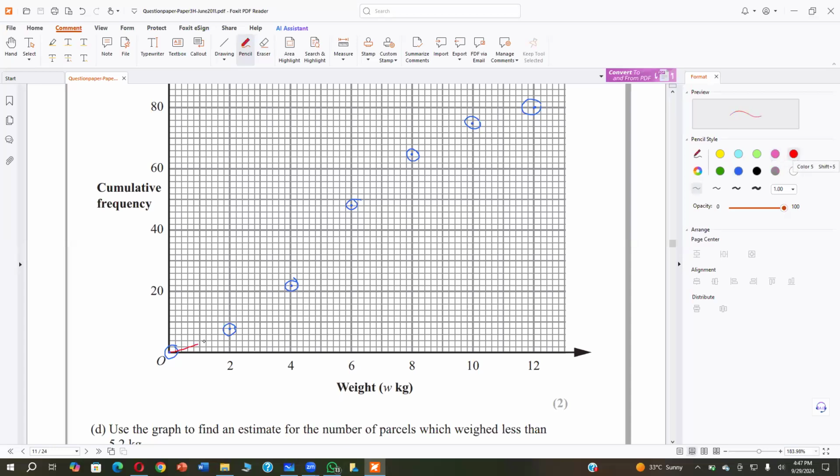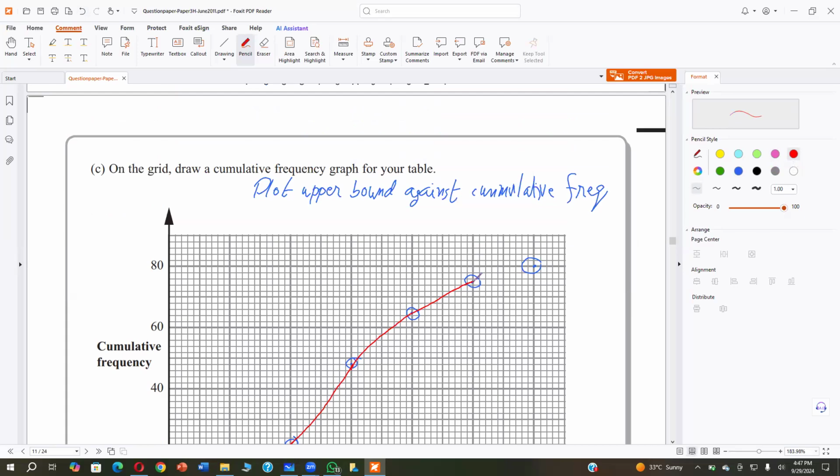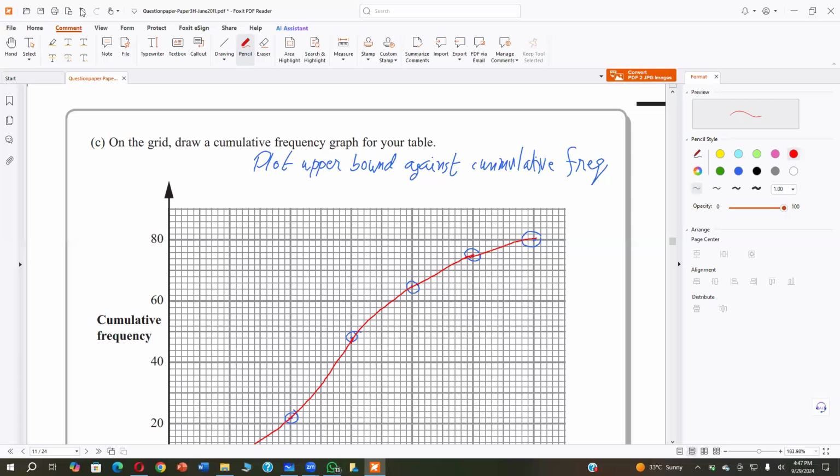Now join them to have a smooth curve. Look at this. I'm getting a shape like this.